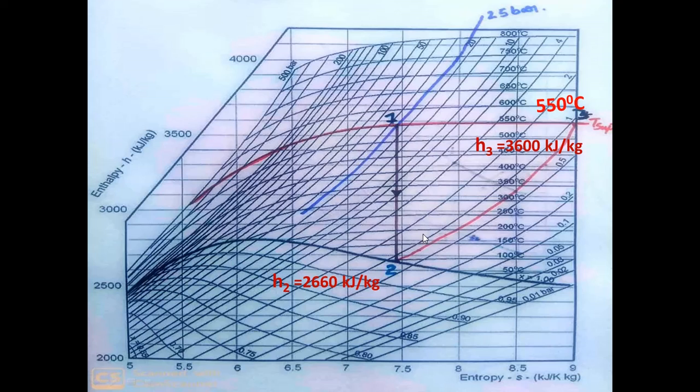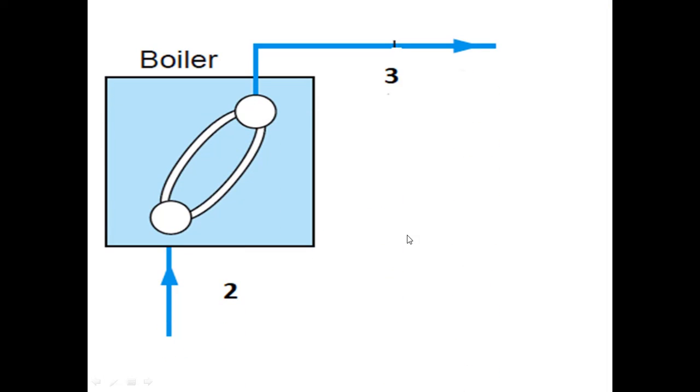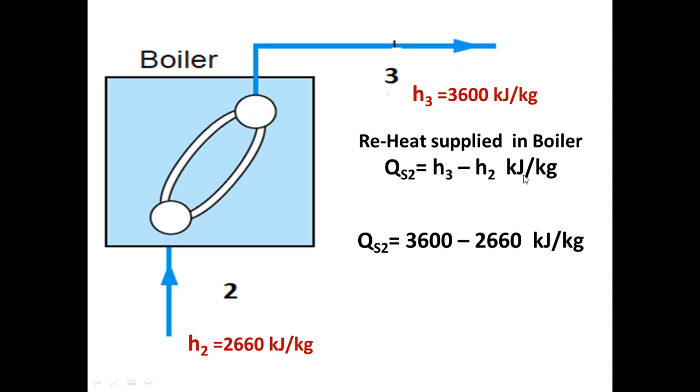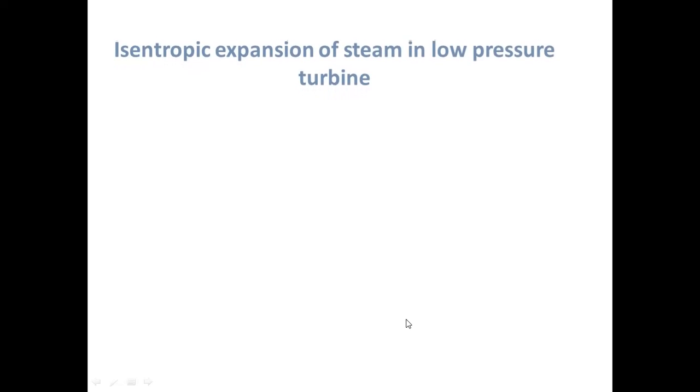H2, H3: then the amount of heat energy added the second time is H3 minus H2. This is the heat supplied in the boiler the second time. The first time, H1 minus H6, you will do later. This is the heat supplied.